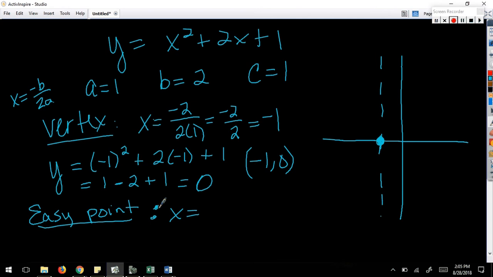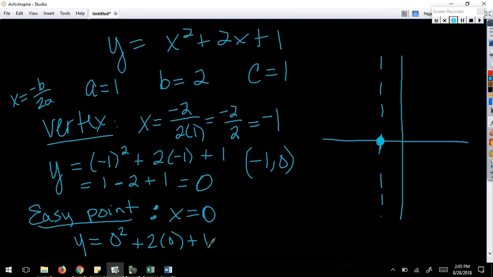I heard 1 and I heard 0. I'm going to pick 0. There's no right or wrong here. You might pick 3 and somebody else might pick 1. It doesn't matter. You just have to get that point, whatever's easiest for you. Plug it in, find y. 0 to the second plus 2 times 0.